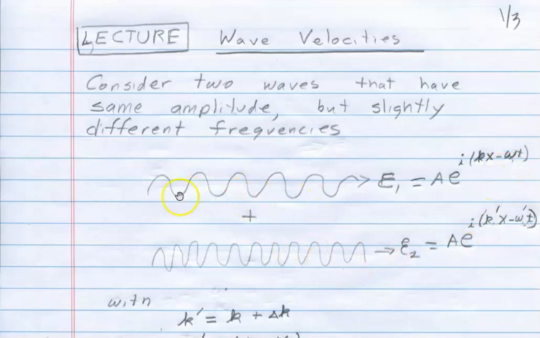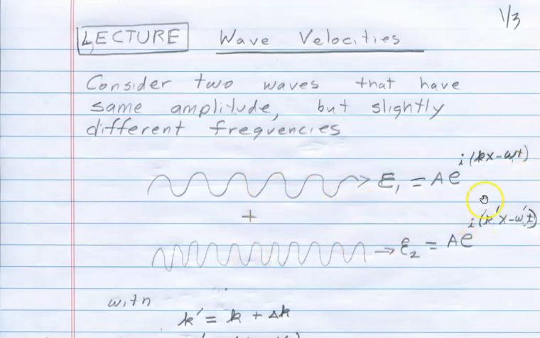This one here has a little longer wavelength, so k is smaller, and this one here has a little shorter wavelength, so k prime is larger the way I've got it drawn, and it doesn't really matter if they're larger or smaller.